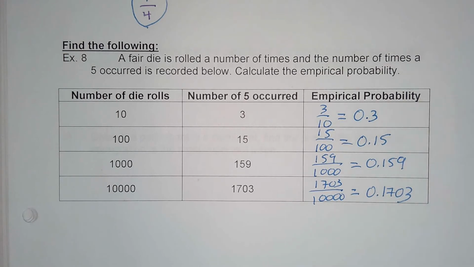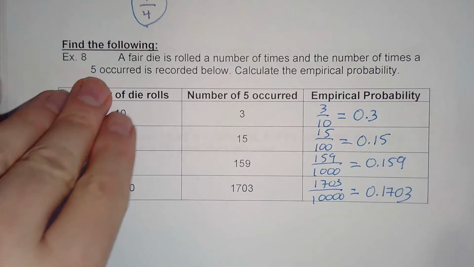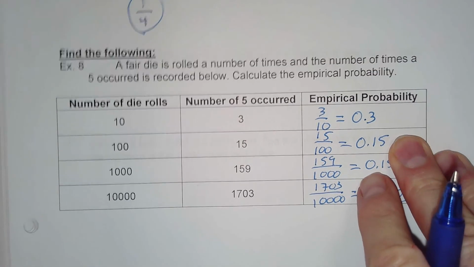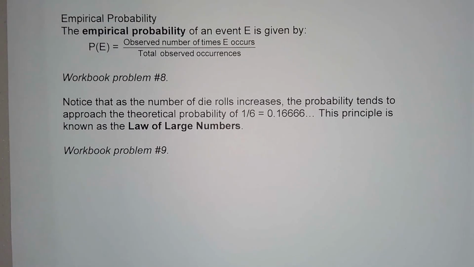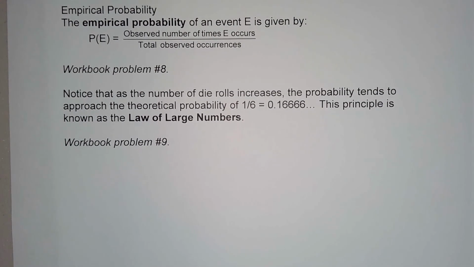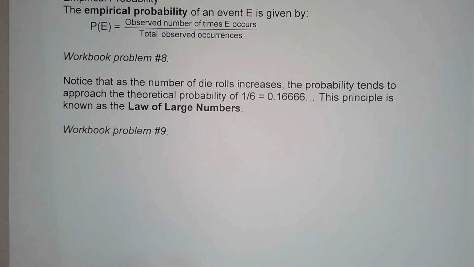And we have a name for this. This is called the law of large numbers. Notice that as the number of die rolls increases, the probability tends to approach the theoretical probability of 1/6, which is 0.1666 repeating. This principle is known as the law of large numbers.